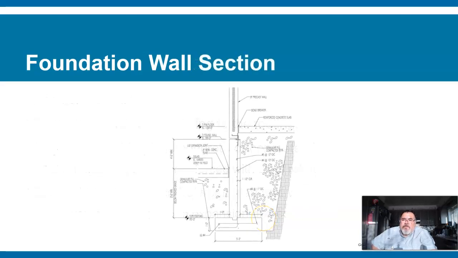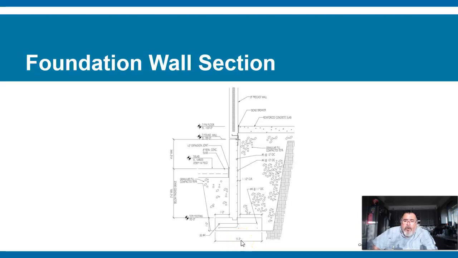Here's an example of a foundation wall section. You can see here's the footing of the wall, the steel bars here and here called out as number 4 at 11 inches on center. You can see that it's got 1 foot on the outside, 1 foot 3 on the inside, and it's got an actual footprint of 5 feet 2.